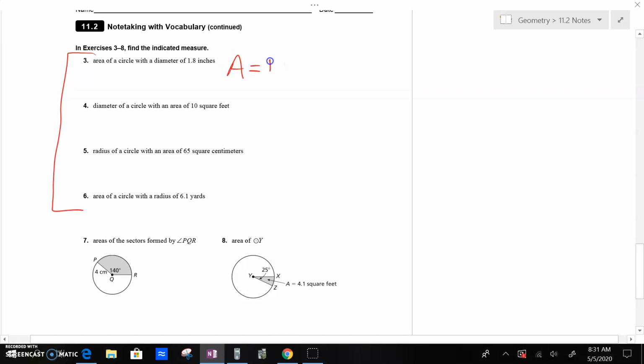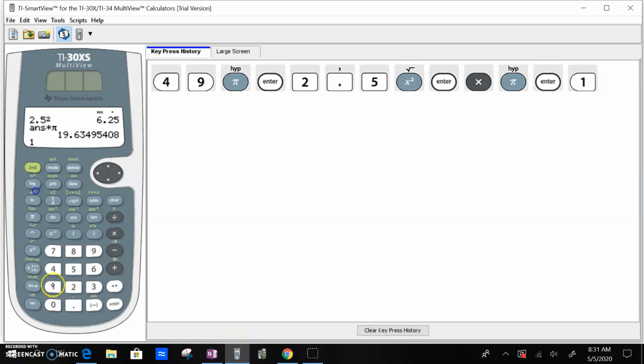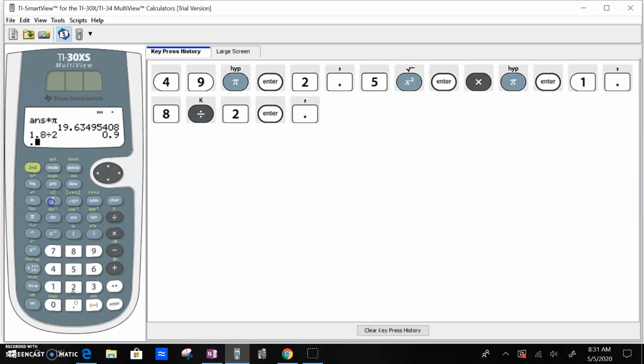Again, what that means is the radius is half of that. So our area is pi times r squared, which would be pi times half of 1.8 inches. If you divide that by 2, you get 0.9. If you're not sure, you can calculate 1.8 divided by 2 and get your 0.9. Then what is 0.9 squared?